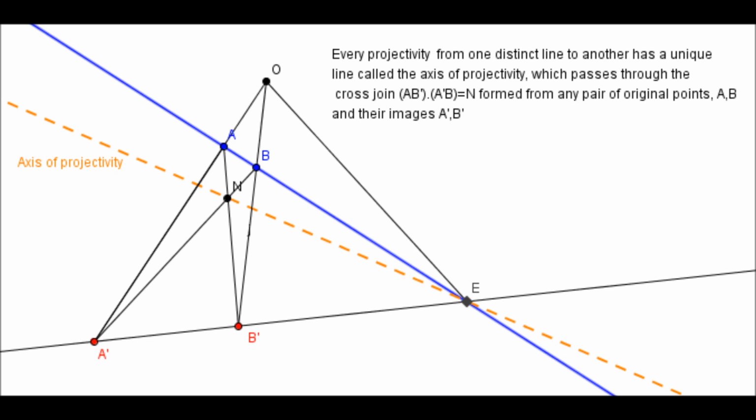If we consider the point E where both of these distinct lines meet, that in this case has to lie again on this axis.